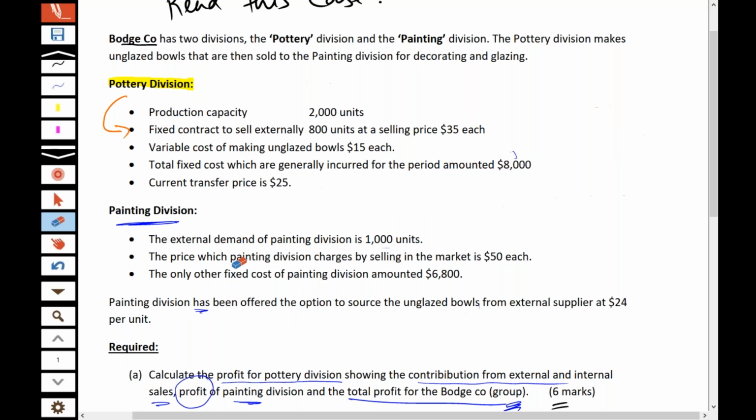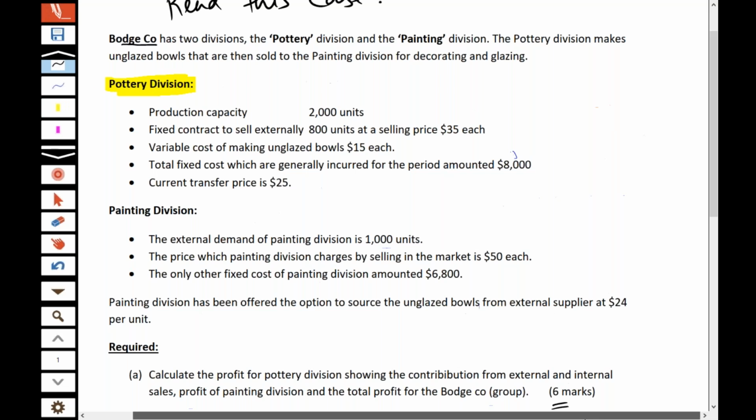Now students, first of all, I will be calculating the profit of pottery division right here in front of the space available here.